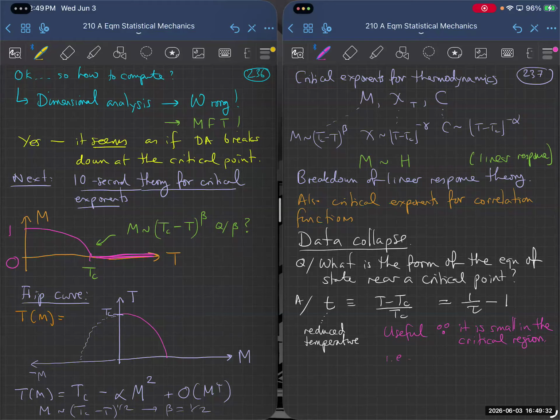I.e., critical phenomena occur as t tends to 0, from above or below; that just says that T tends to Tc from above or below. So that variable is a small parameter. And why do physicists like small parameters? It's useful because if it is small, then you can use perturbation theory.